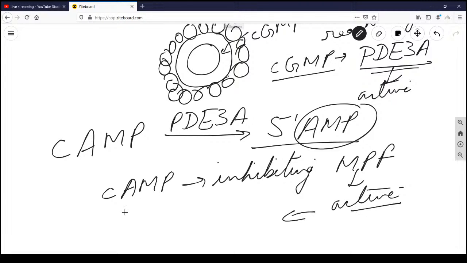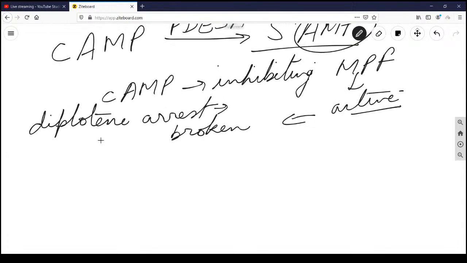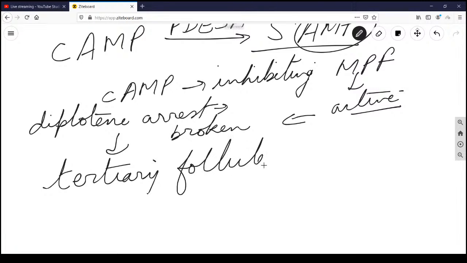And now what will happen? The diplotene arrest will be broken. Until that time, this follicle would have become a tertiary follicle, also known as the Graafian follicle.